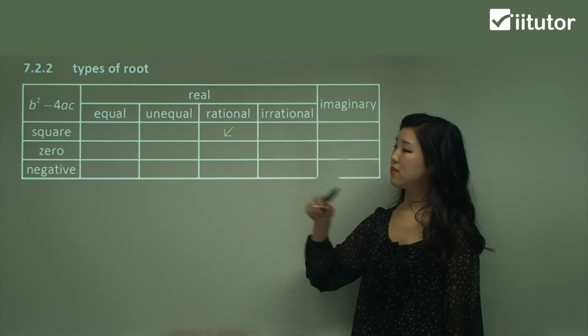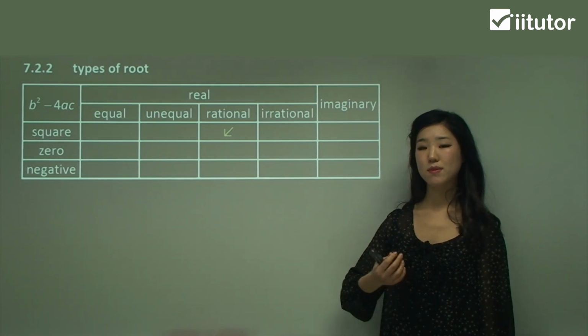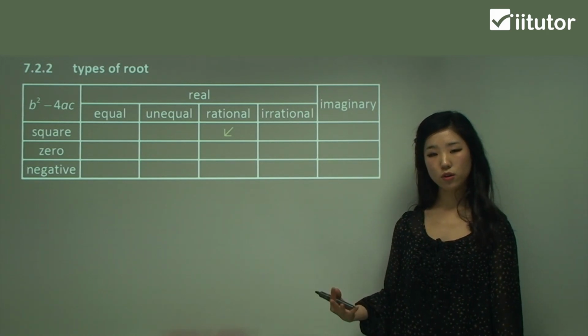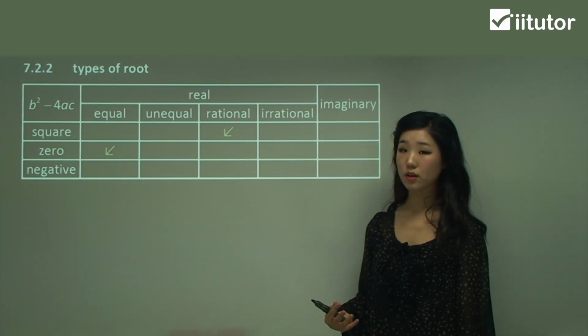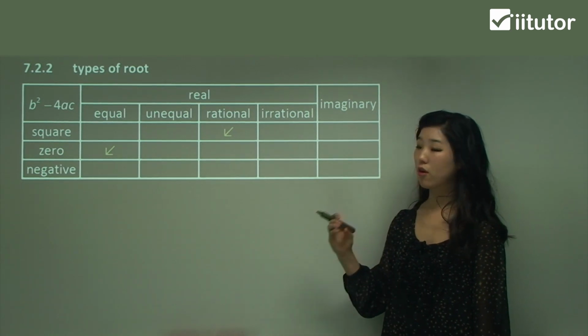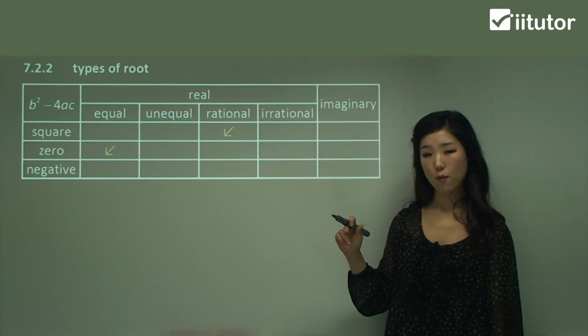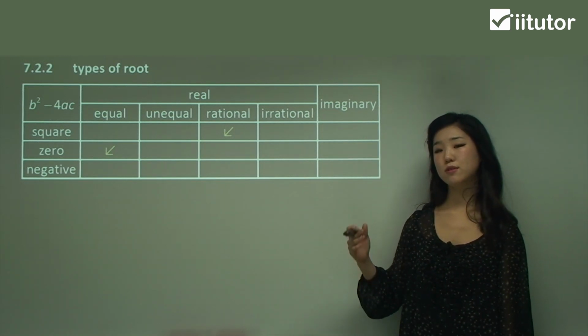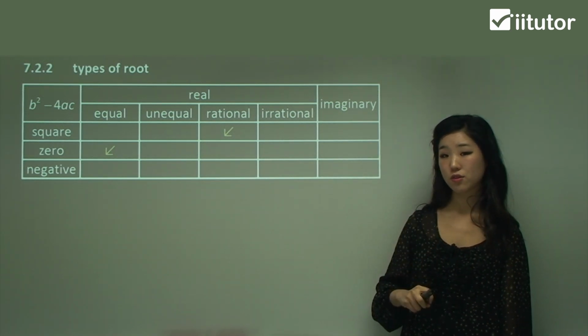So now let's go into the zero discriminant. Let's say the discriminant becomes 0. If it's 0, the whole root or the whole solution becomes equal. Now what does it mean by being equal? If we have a 0 inside our square root, remember how I said in our first section that if the discriminant equals 0, we only have one solution.